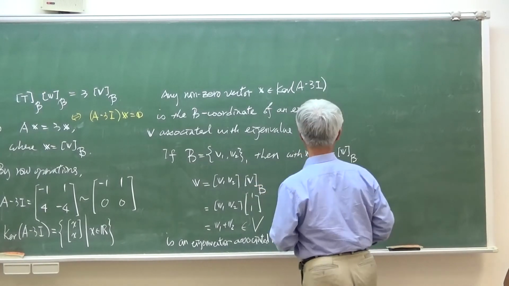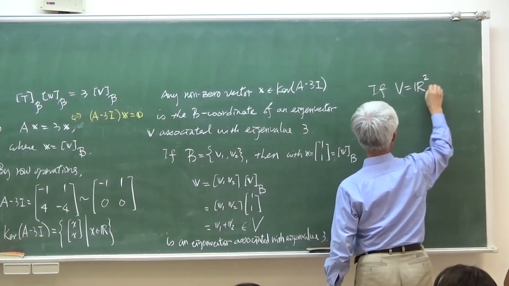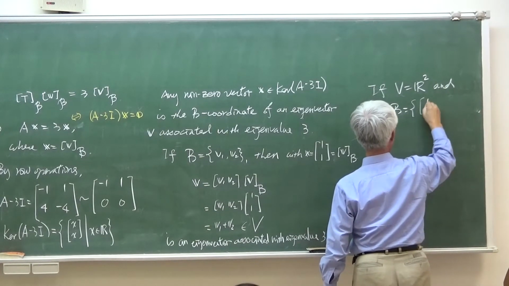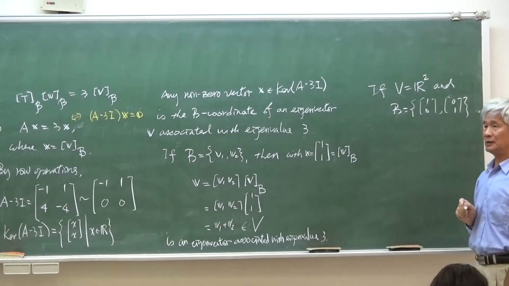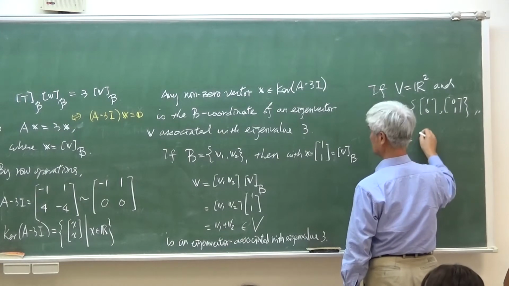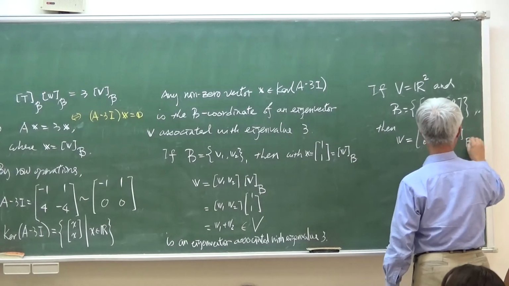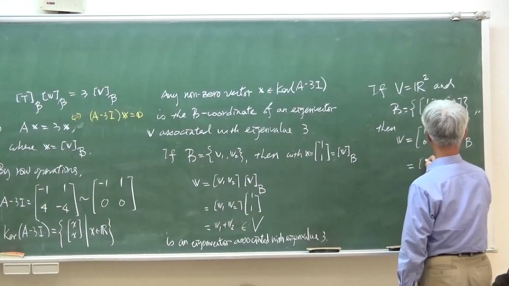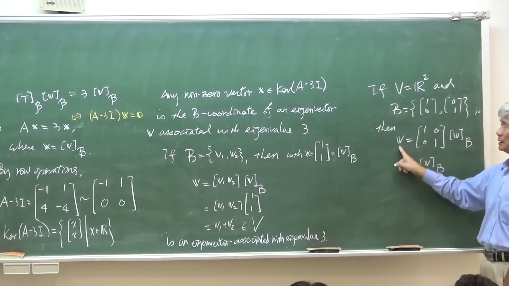So if V is R2 and B is the standard basis, then the coordinate vector is the same as the original vector.